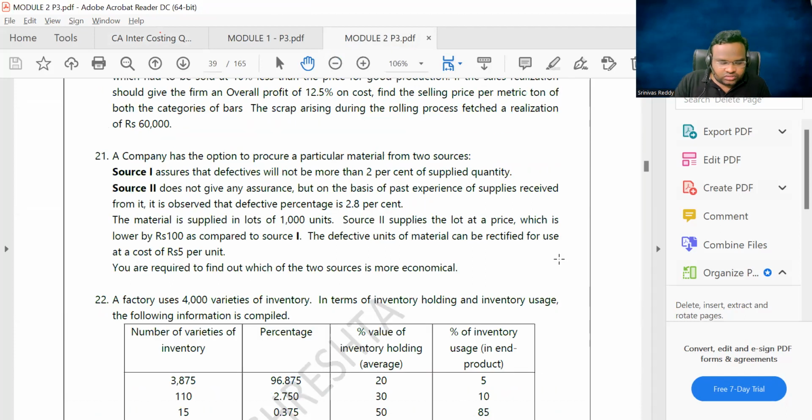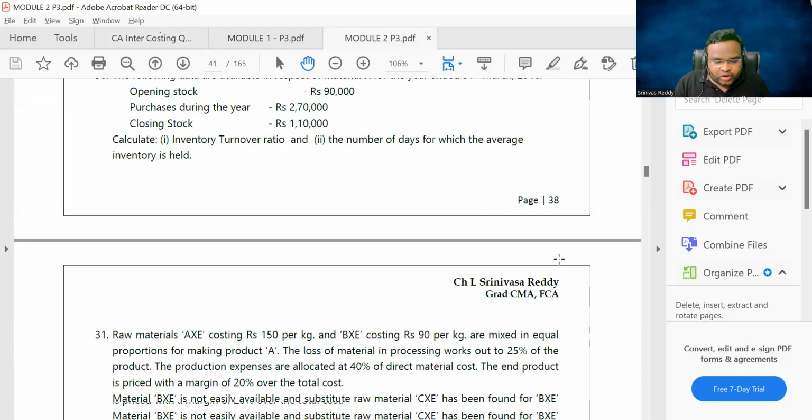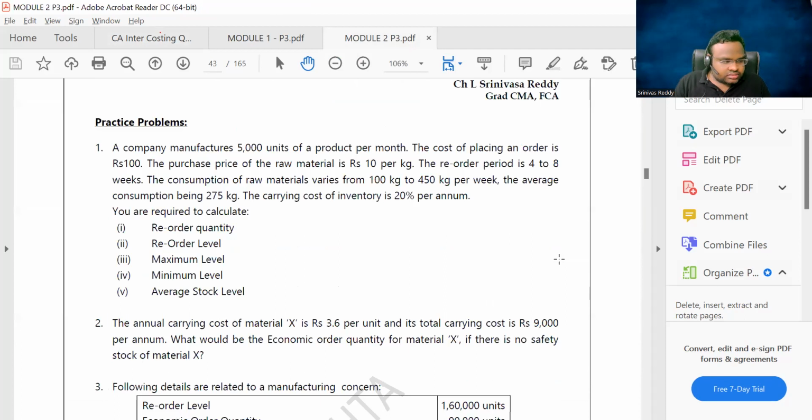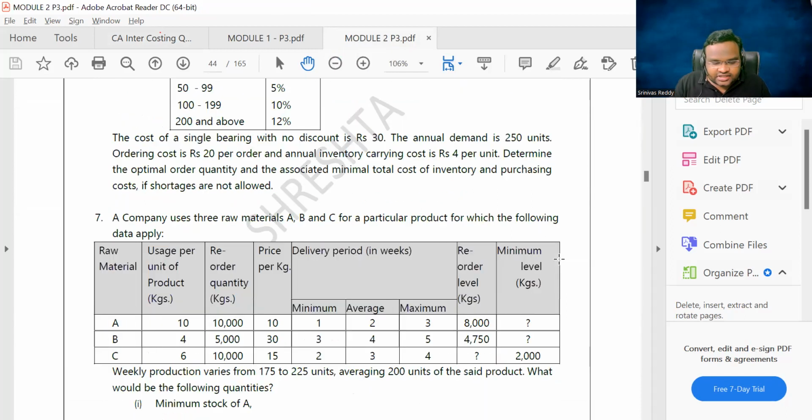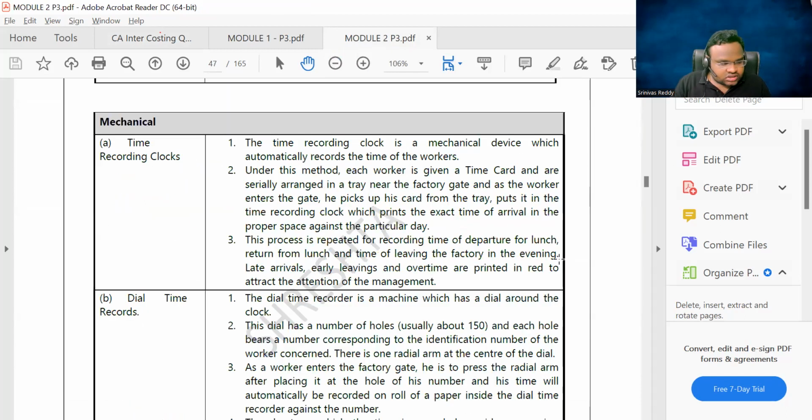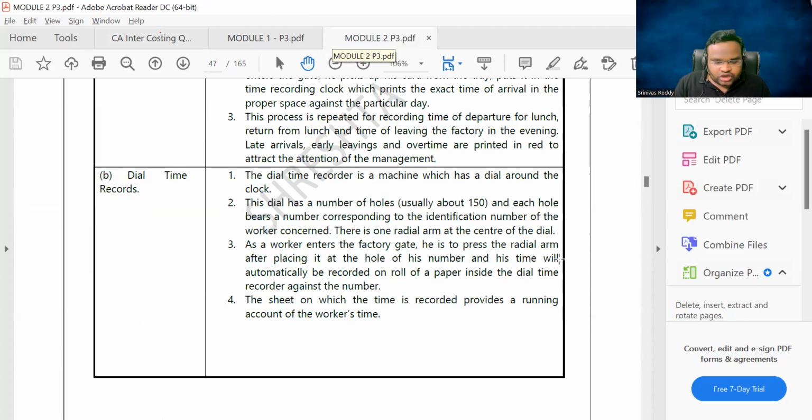The same question I'll be showing in our material. If we go to the employee cost chapter, just keeping our materials aside. So in employee cost, we have question number 12.